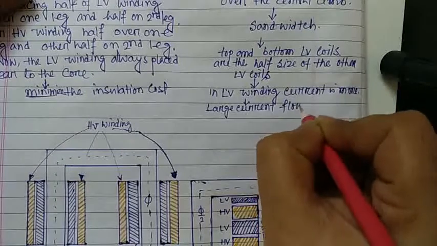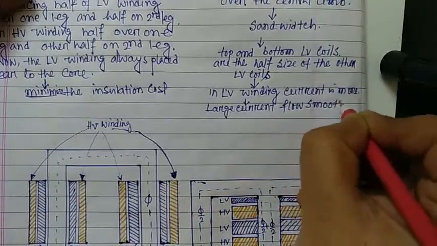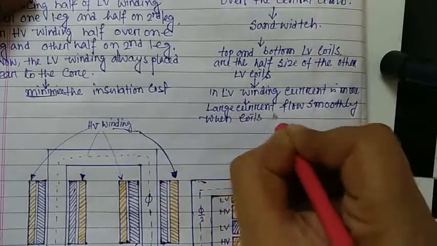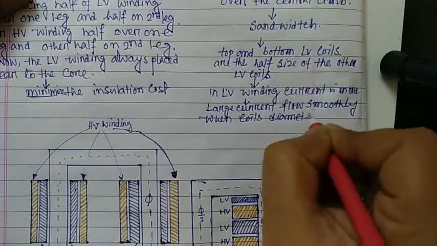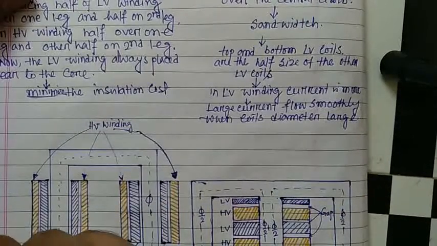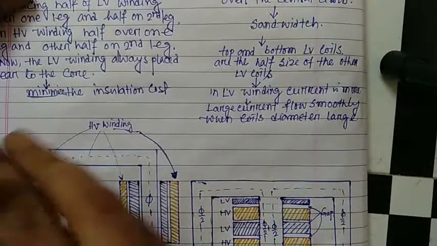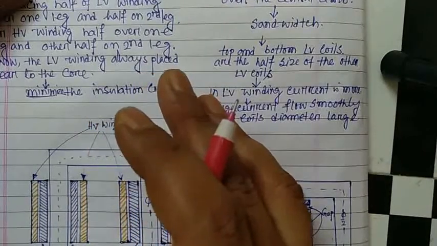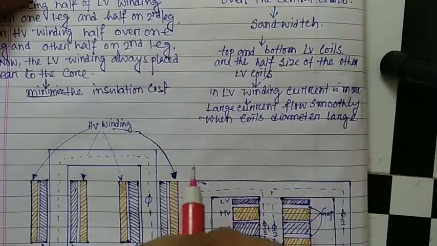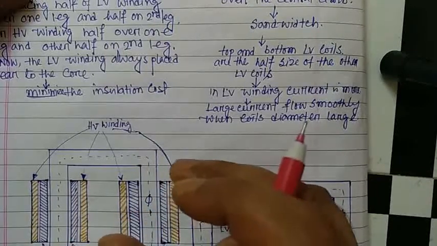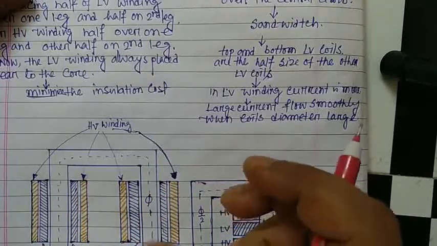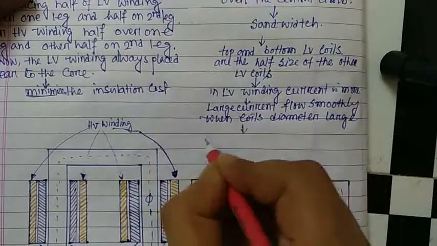That is, to minimize the current in the adjacent core, the diameter of the LV coil should be half so that the current is reduced, and this also reduces the insulation cost.